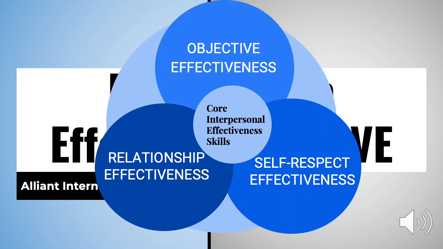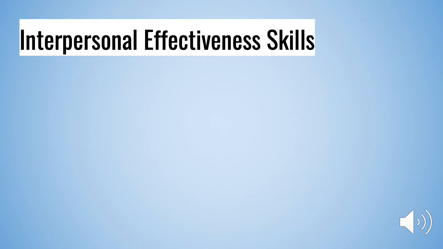And before we dive fully into relationship effectiveness, let's first differentiate between these three interpersonal effectiveness skills. Interpersonal effectiveness is one of the four modules within DBT skills. Simply put, the goal of this module is to make effective interactions with others.